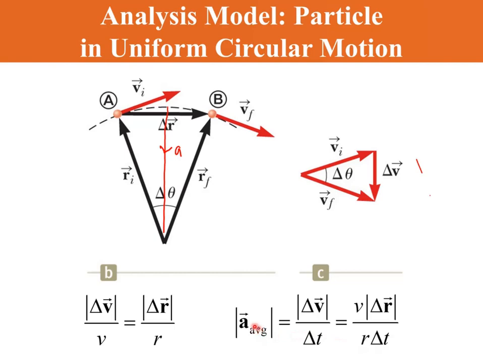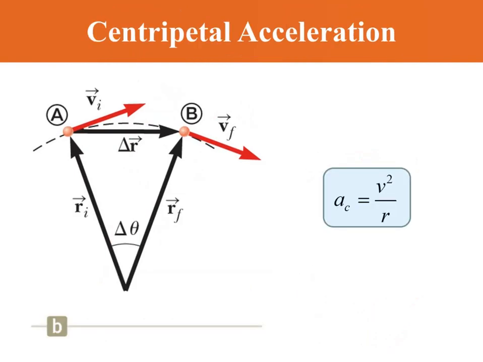And delta r over delta t, as we analyzed earlier, is equal to v. So we can rewrite a, in this case the centripetal acceleration, as v squared over r.